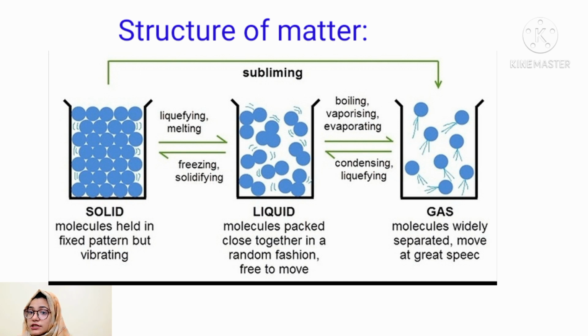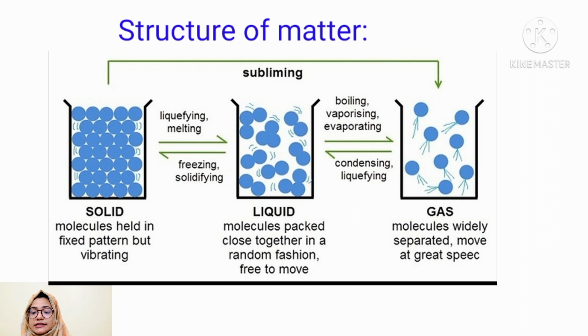It is converted into water, right? Again, we can convert it into vapor by heating it up. So, it appears that water can be found in three different states, that is ice, water and vapor.